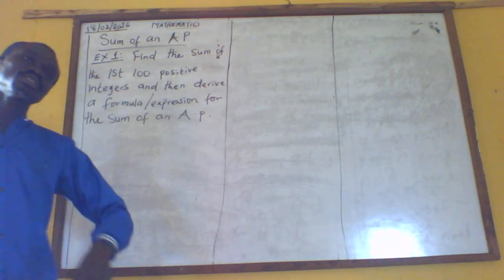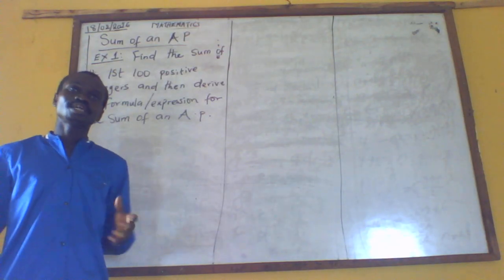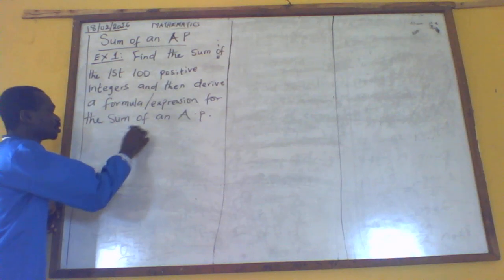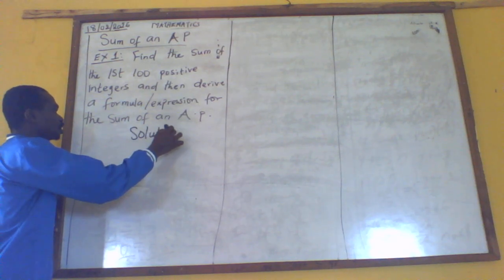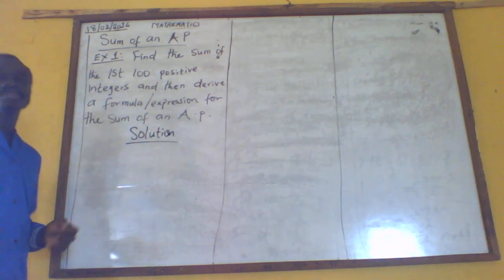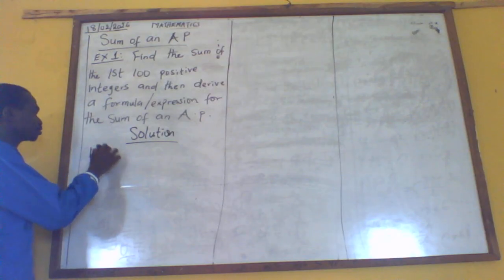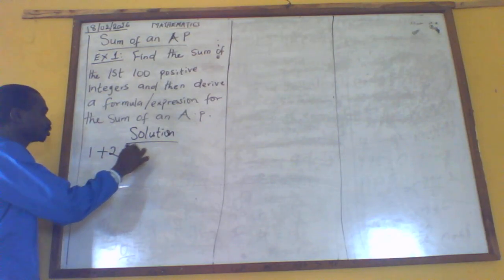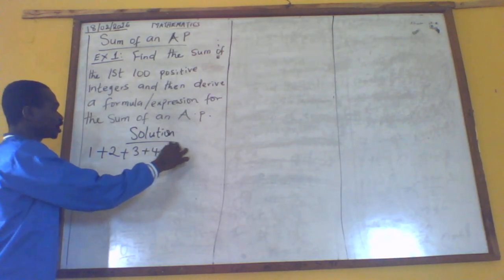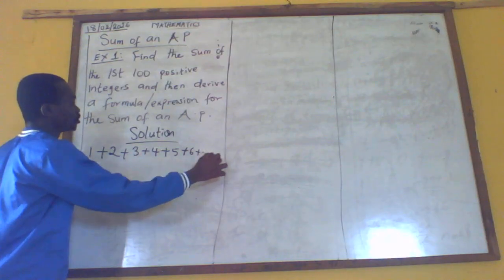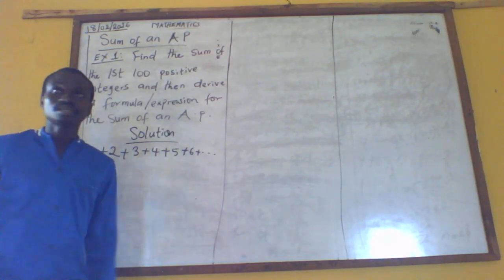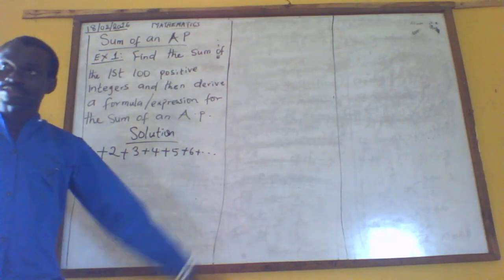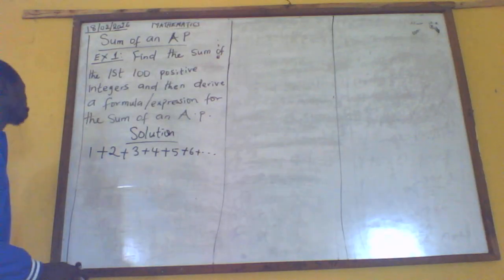It will be time consuming to begin to add 1 plus 2 plus 3 plus 4 plus 5 plus 6 till 100, right? This will consume our time. Is that not it? Okay, but let us think about it this way.